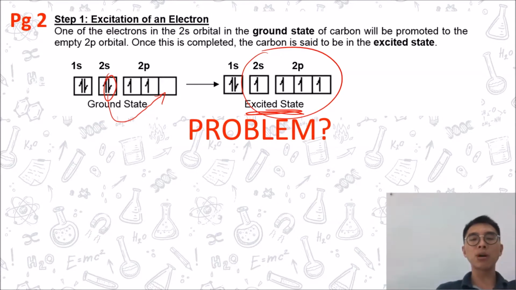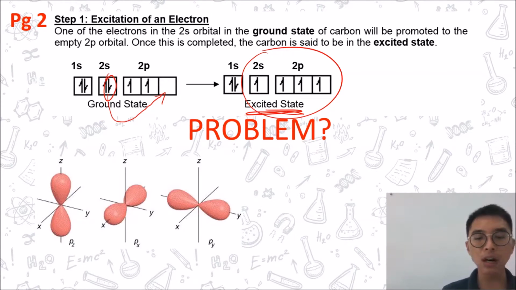But there's still a problem. What is the problem here? Where are my unpaired electrons? They are in my s and p orbitals, and we know that p orbitals are aligned along the x, y, and z axes. What does this mean? Let's say this is my carbon.